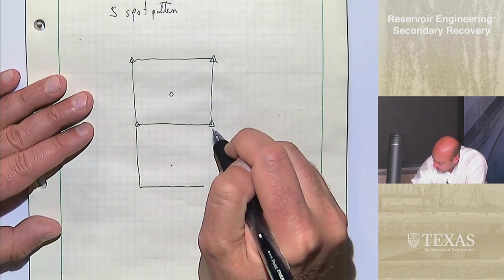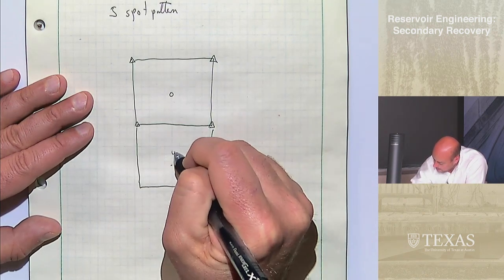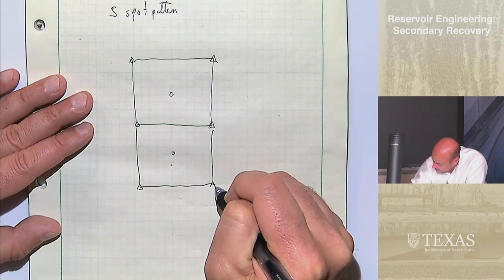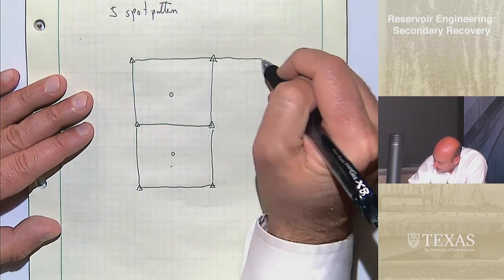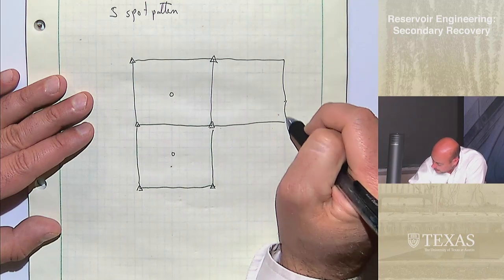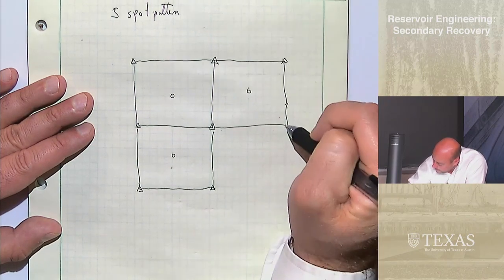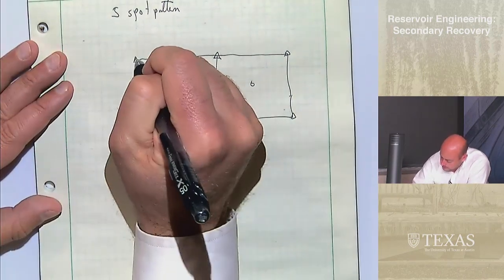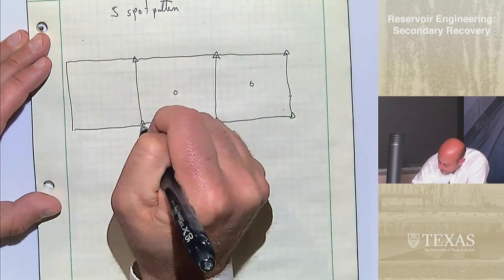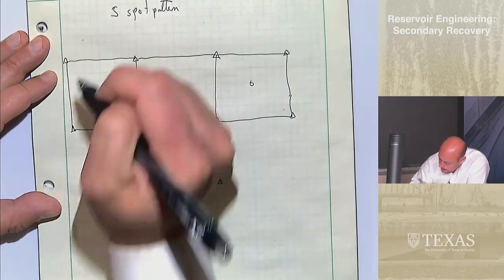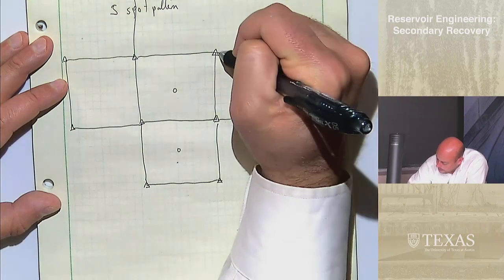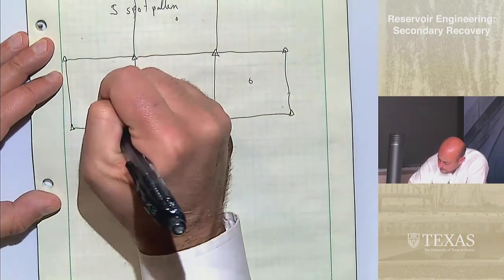Because it's adjacent to another 5 spot, these wells, and it's adjacent to another 5 spot over here. It's adjacent to another 5 spot over here. And then there's another one on top, obviously, right?